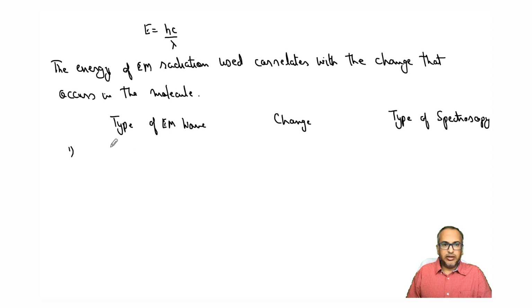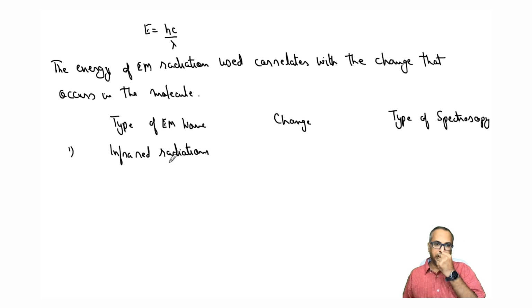So first is, let's say, if we are dealing with infrared radiations. Infrared radiations are the same radiations that you use on a day-to-day basis in remote controls, with which you operate TVs and other electronic devices. Those are typically infrared. Some of them are also based on Wi-Fi, that is radio waves, but typically these are infrared radiations.